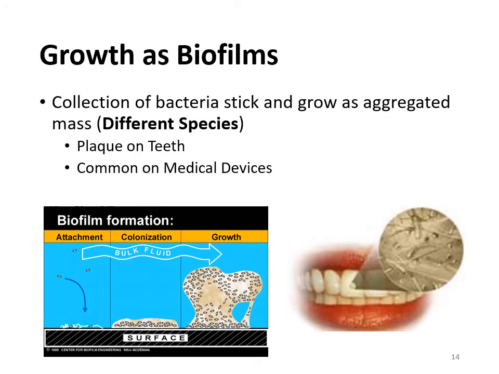Now, beyond the requirements for growth, you have to think about the ways in which microbes grow. One way that some of them grow is as biofilms. When you hear the word biofilm, there are two things I want you to remember.